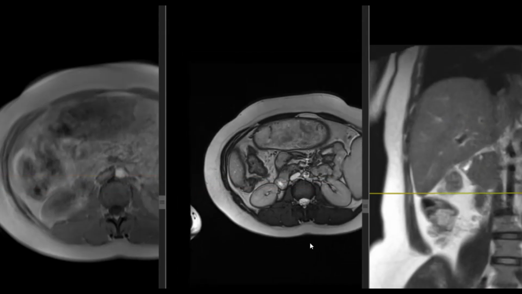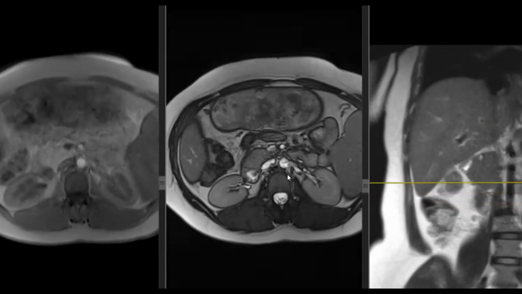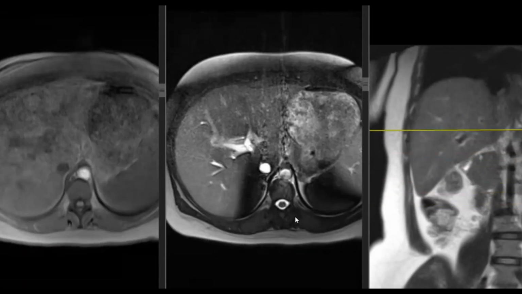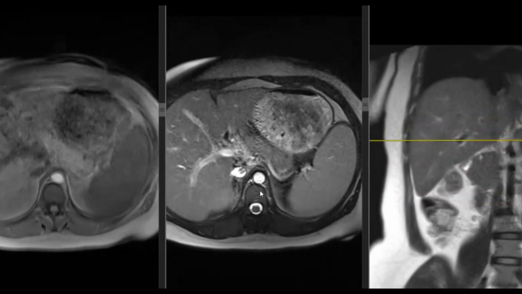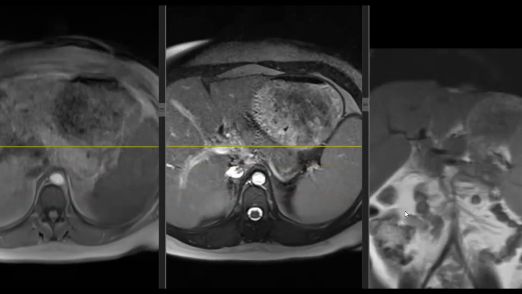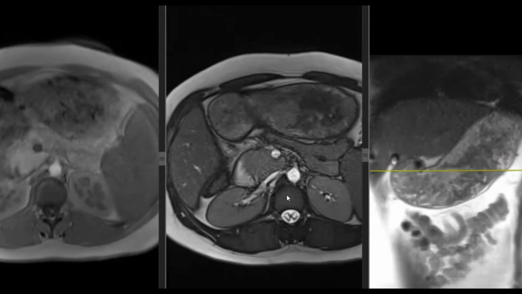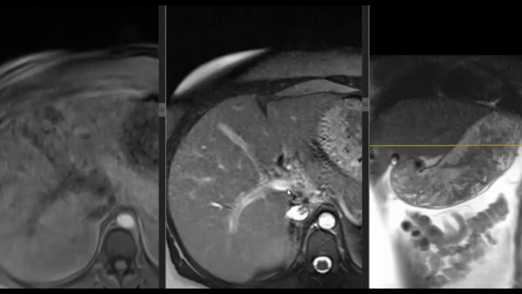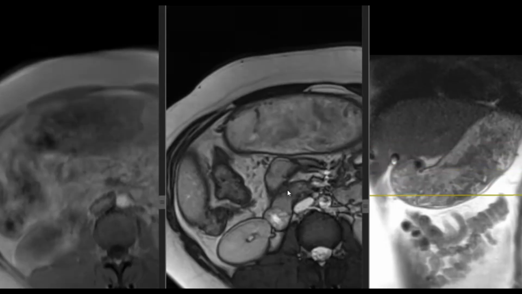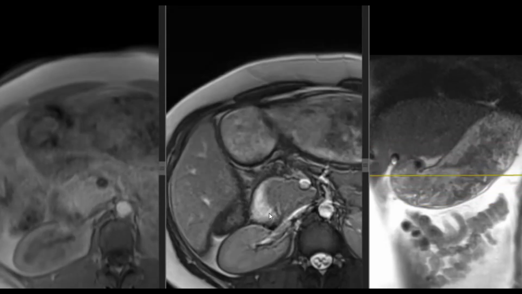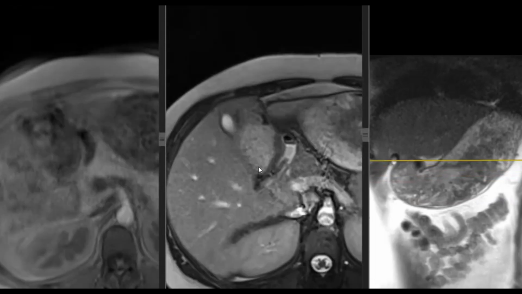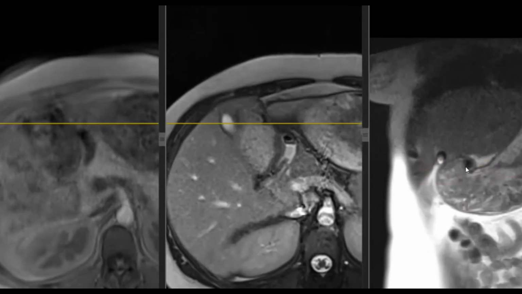So, we have a distended stomach filled with, you said what? A mottled appearance. Distal gastric outlet obstruction. Okay, let's see the distal part here. I think this is the duodenum here, and here it's joining the pylorus.